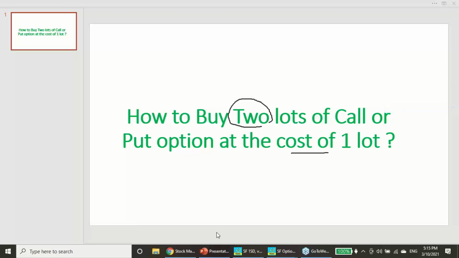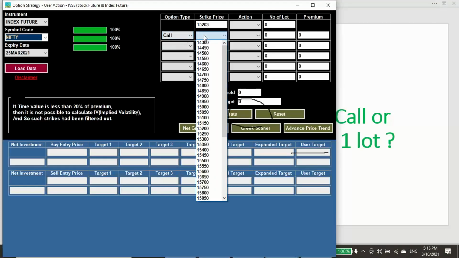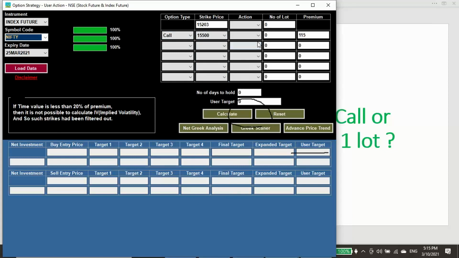So, say the 15,500 call option is at 115 rupees, trading as of 10th March 2021. And in this 115 rupees, you can buy 150 quantity, not the 75 quantity.